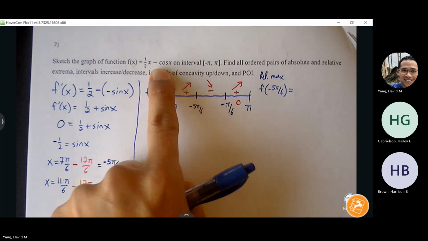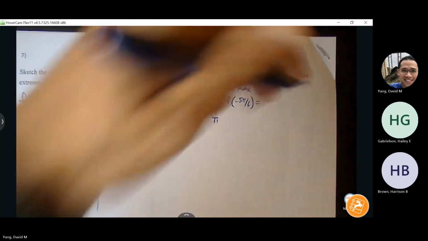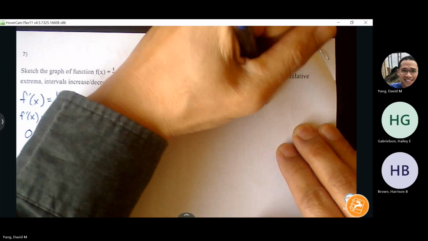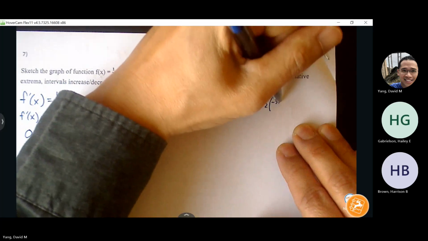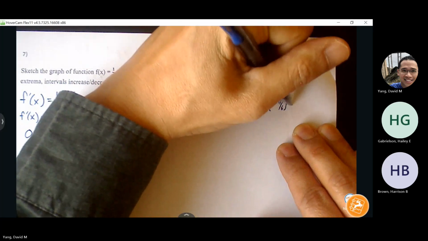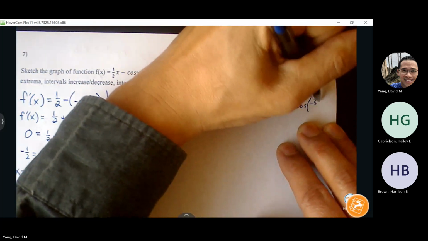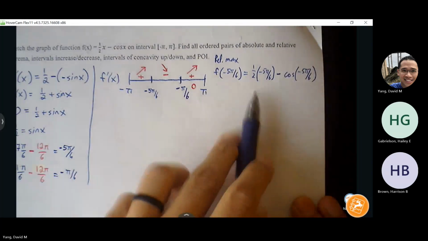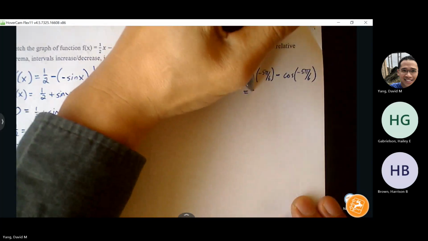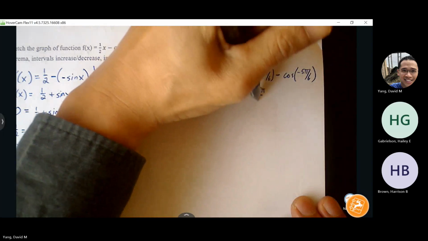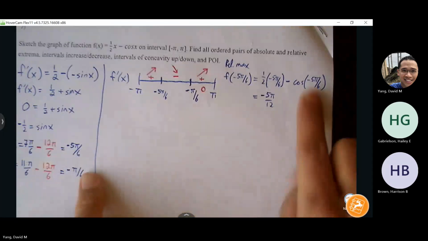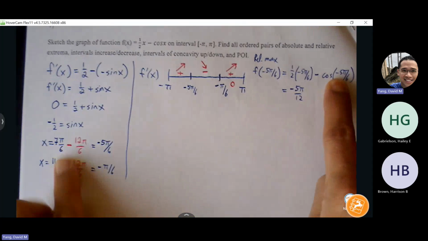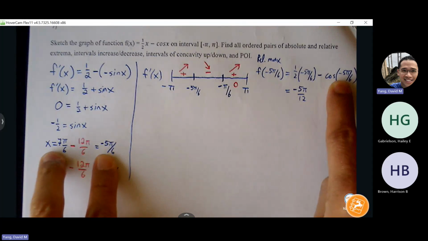Cosine of negative 5 pi over 6: negative 5 pi over 6 came from 7 pi over 6.